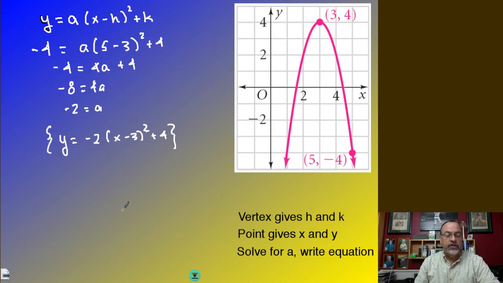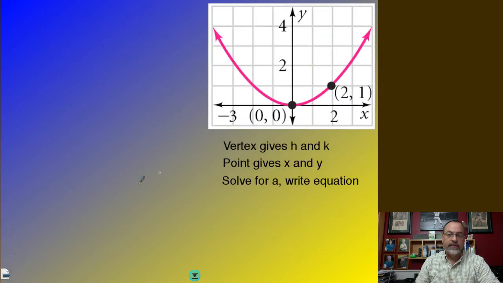All right? I'll do one more, and then I'll look at one where I'm not given a graph, and we'll do the same thing. So here it's at 0, 0, and it's at 2, 1. So again, starting with vertex form, I simply substitute in the values that I know and then simplify. I need a y value of a point, so that's 1. a, I don't know. x value of a point, 2.